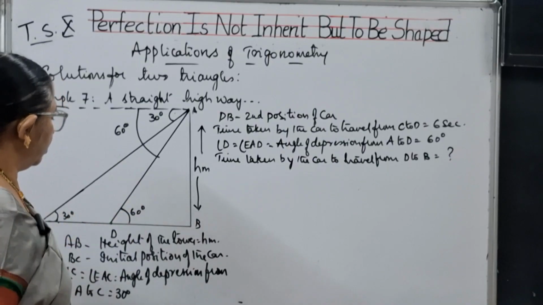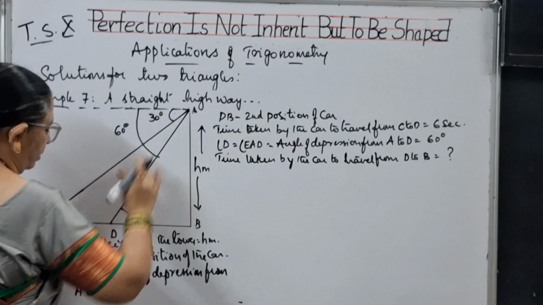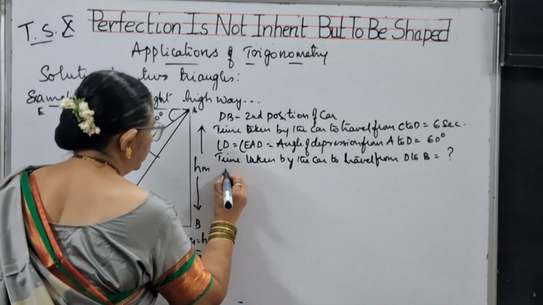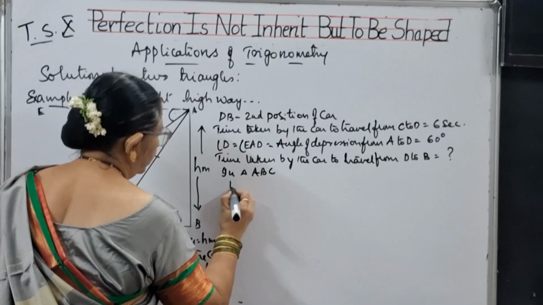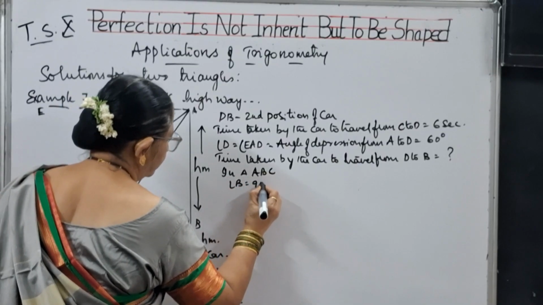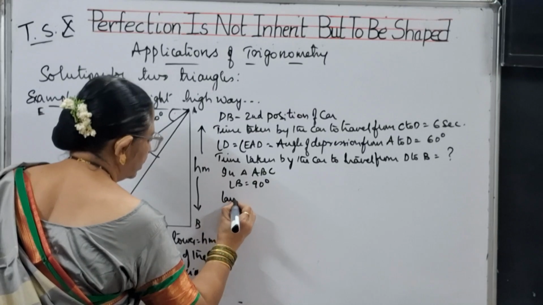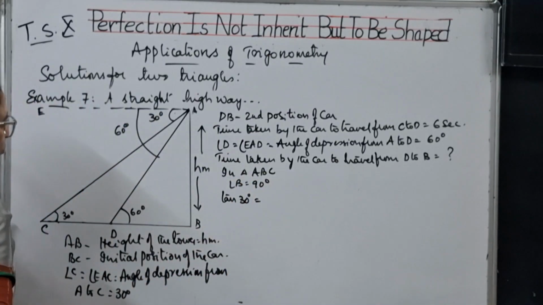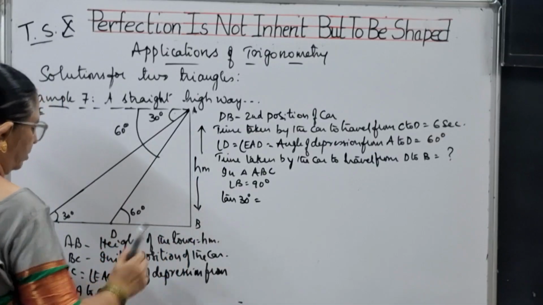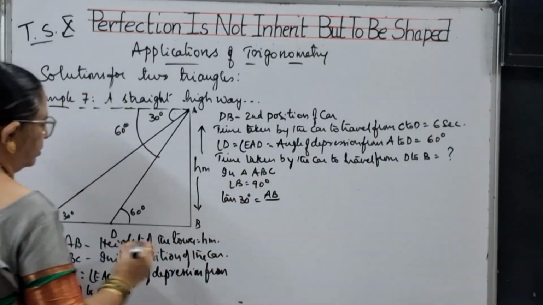Now we have got two triangles. In triangle ABC, angle B is 90 degrees. So tan 30 degrees is equal to AB by BC.